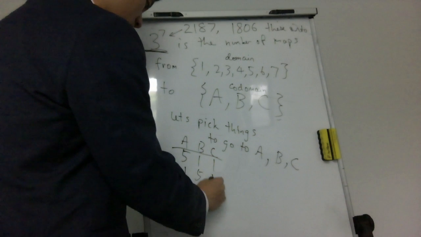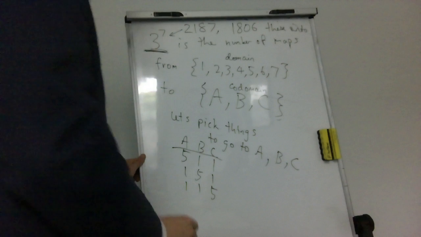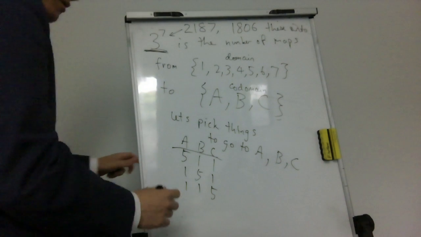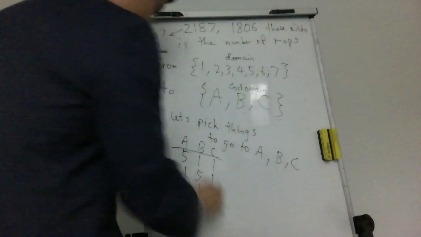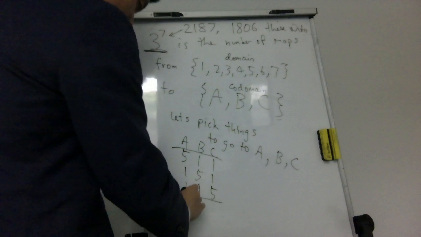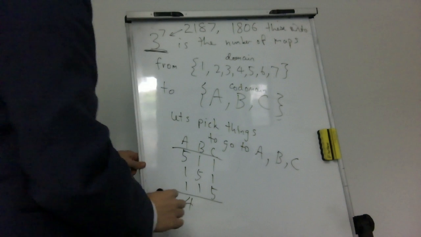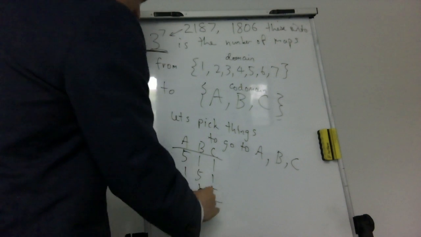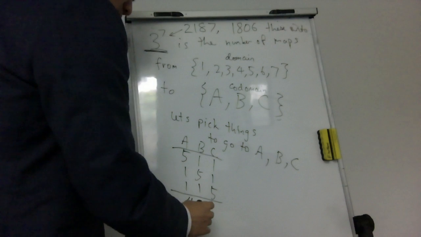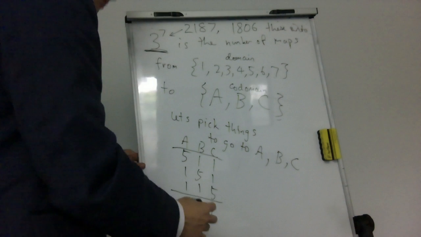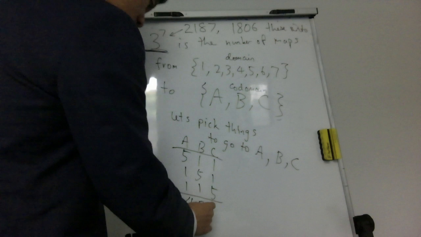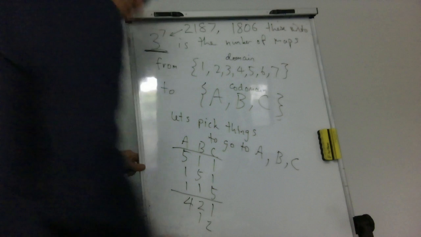Or you could have 4 going to A, then 2 going to B, and then 1 going to C. And then you could have 1 and 2.